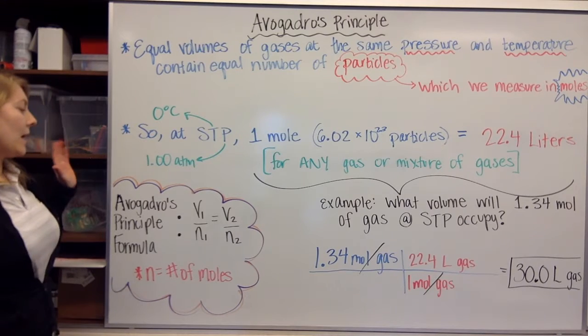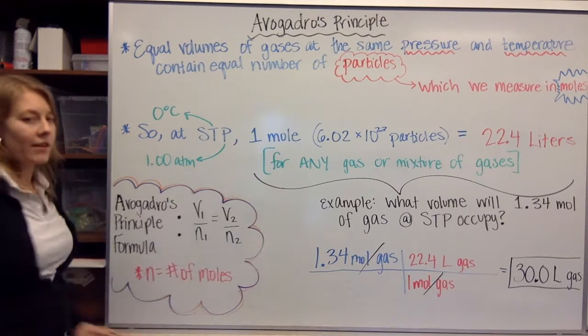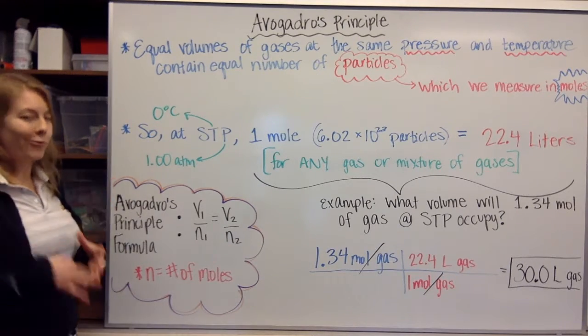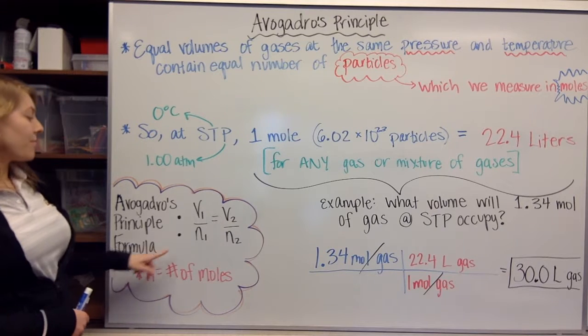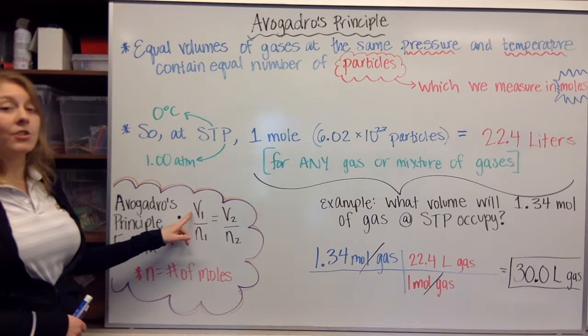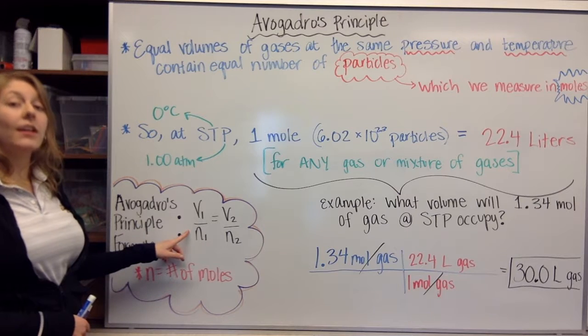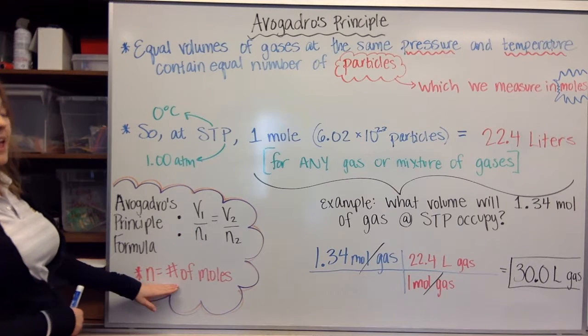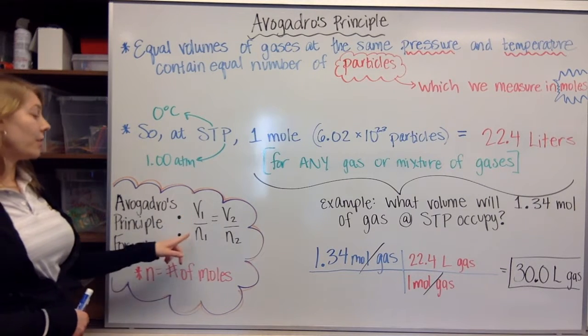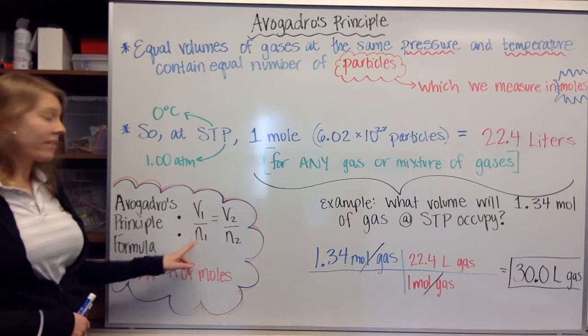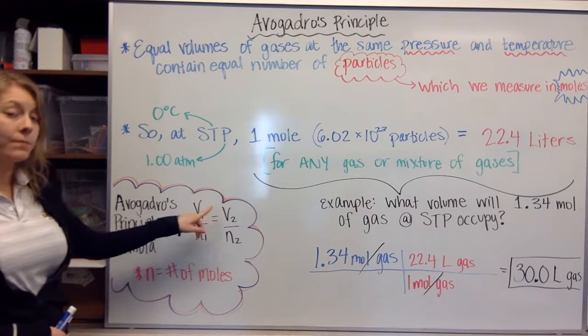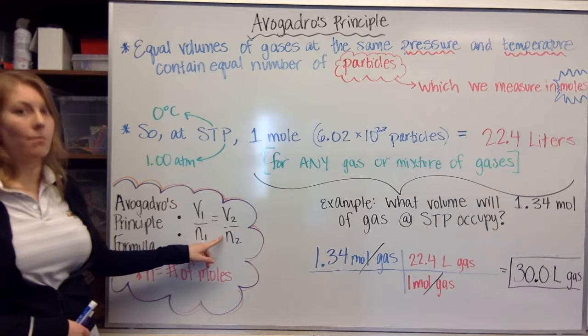Could be oxygen, could be nitrogen, doesn't matter. All right? Now, here is Avogadro's principle all tied into one nice, neat little formula. So Avogadro's principle says that the initial volume divided by the initial N1, and N is number of moles, so initial volume divided by initial number of moles is equal to the final volume divided by the final number of moles, okay?